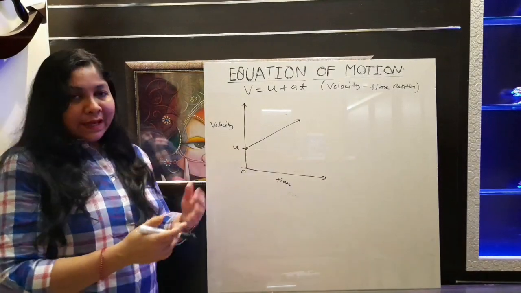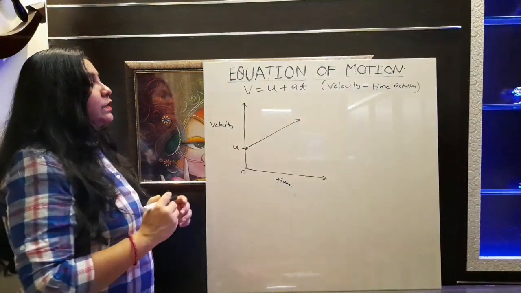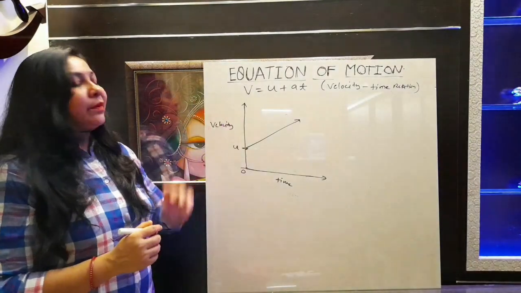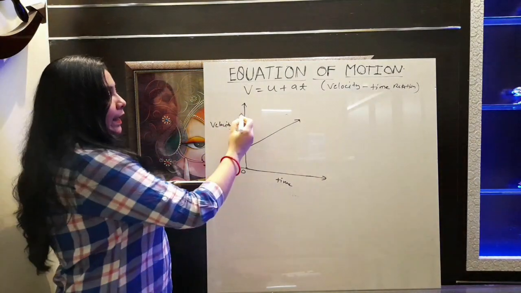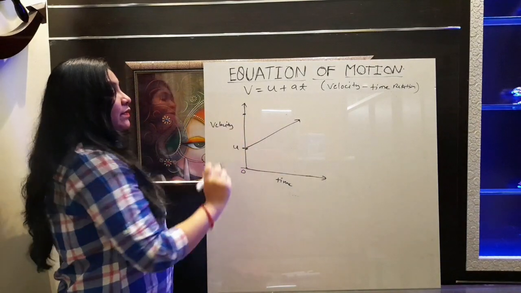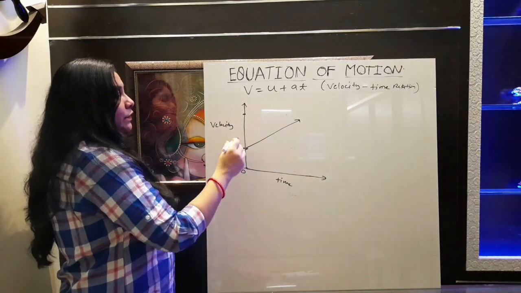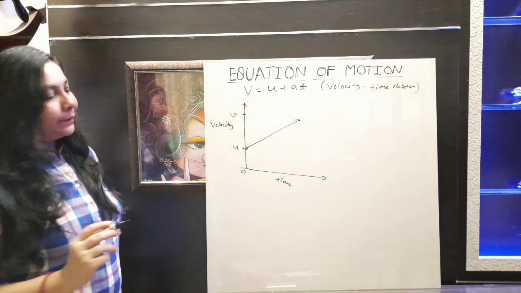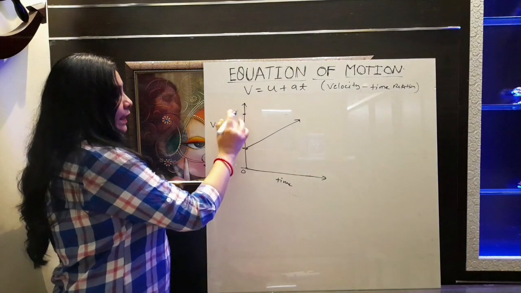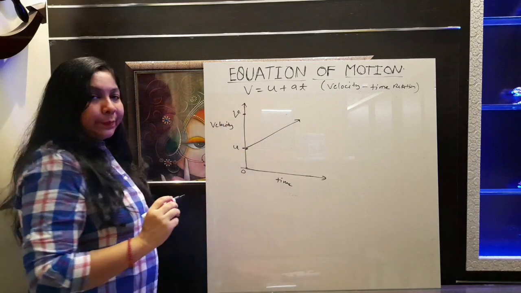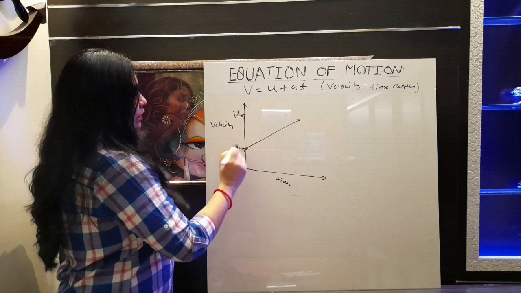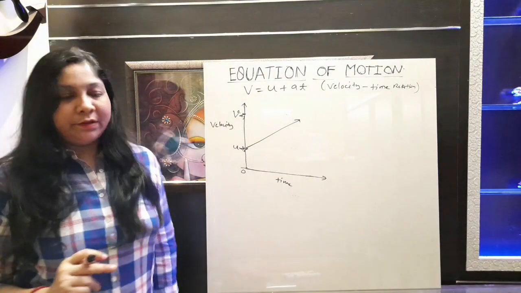Now after some time the velocity becomes v meter per second. Like there it was 50 meter per second, it becomes v meter per second now. So at this point, suppose it is 50 meter per second, we are considering this as v meter per second. Got it? It is not 10, 20, 30 now. This is v meter per second and this is u meter per second.